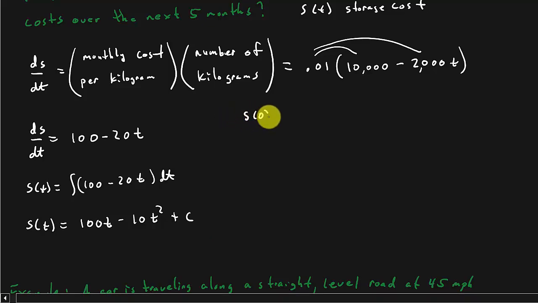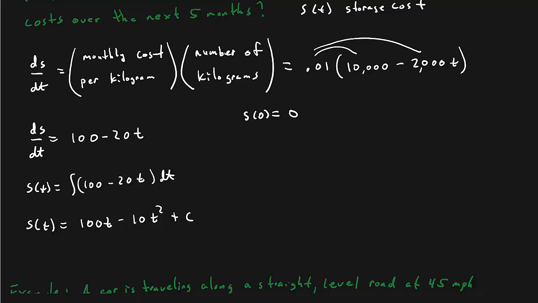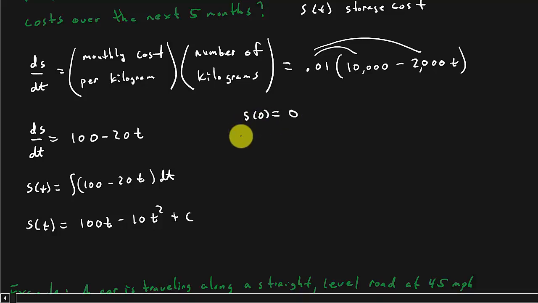Would you agree with me that s(0), at the start of the first month, what was the storage cost? $0, right? That's right when the shipment arrives. There's no cost. So we've got s(0) is 0.